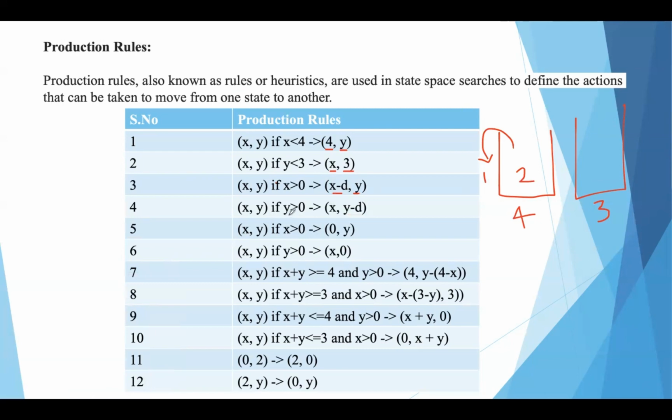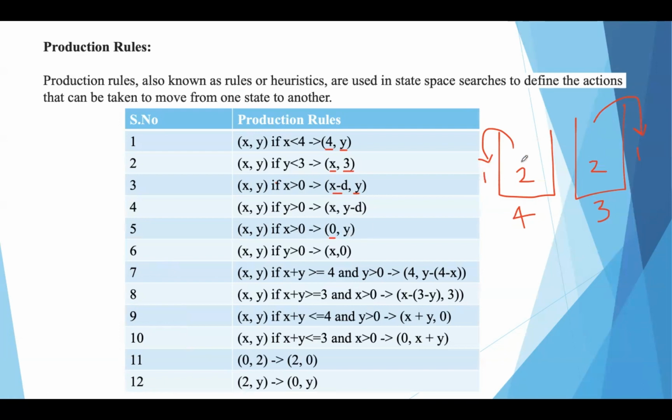Fourth rule: if y is greater than 0, say y again has 2 liters of water, then you pour some water from the 3-liter jug outside. You can pour 1 liter of water outside, some water out of the 3-liter jug. The fifth rule is if x is greater than 0, then pour all the water from the 4-liter jug.